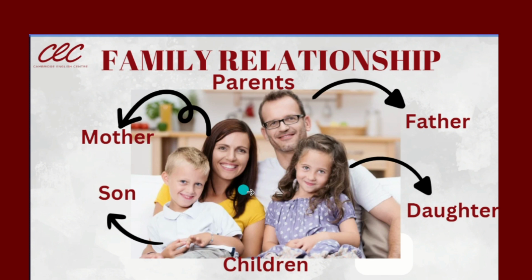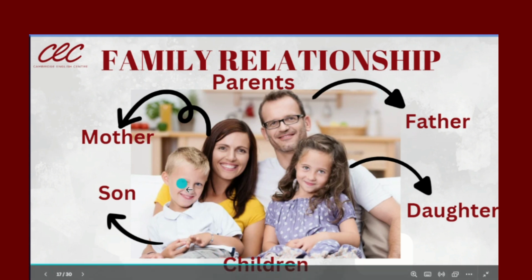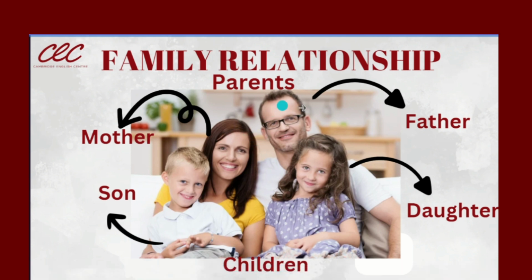We have here parents, a mother and a father. And also we can see children, a son and a daughter, as you can see here, son and daughter, and these are their parents, mother and father.